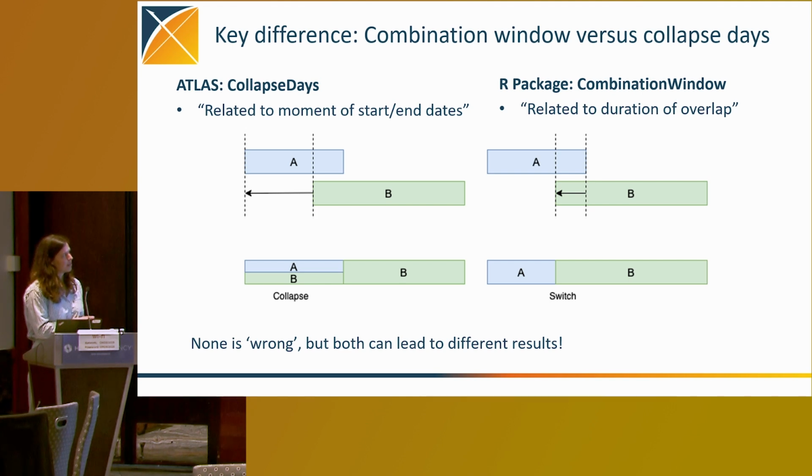And the combination window is related to the duration of overlap. This is, with any choice, there's not a general good or bad answer to this, but these lead to different results, and I just wanted to bring that up here so you're aware if you're moving from the Atlas package to the R package that there is a reason for why your analysis might differ.